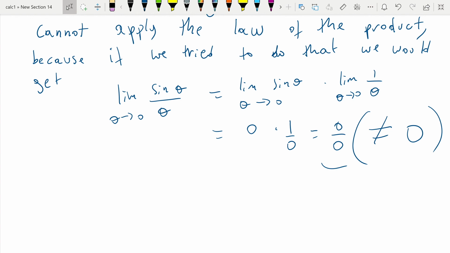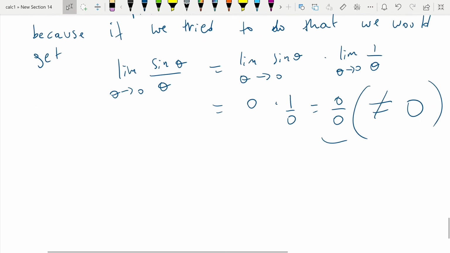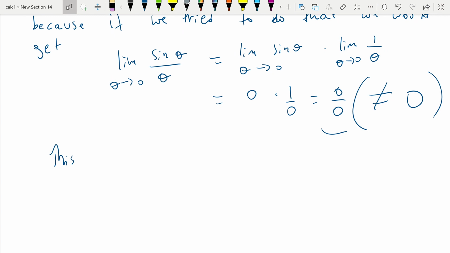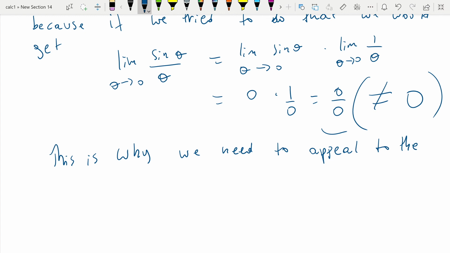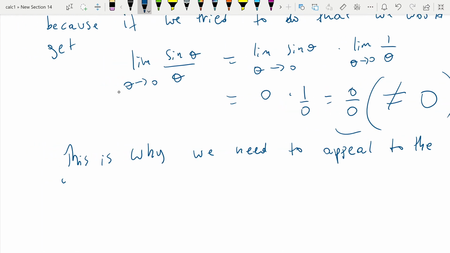So this law does not apply, and this is why we need to appeal to the squeeze theorem in order to derive the limit.